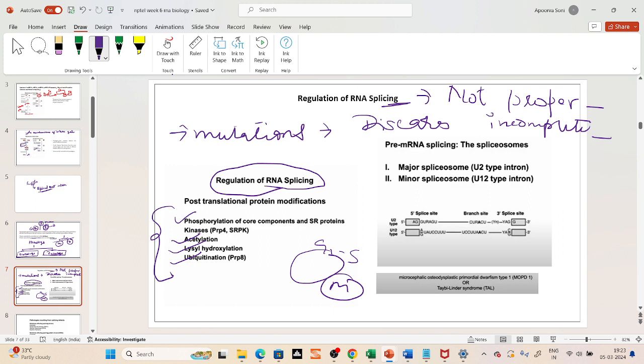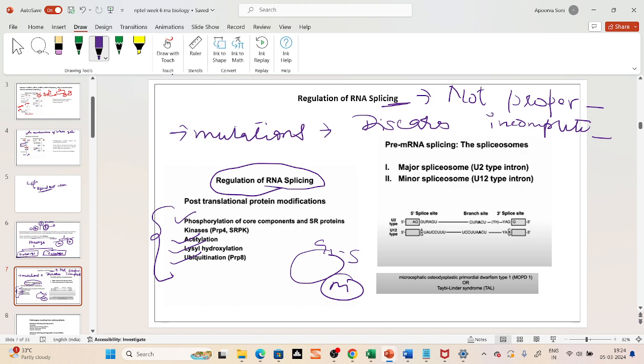So these are some of the post-transcriptional modifications. You just have to know the names. And then we have also studied that splicing can be regulated with the help of the major spliceosome and minor spliceosome.